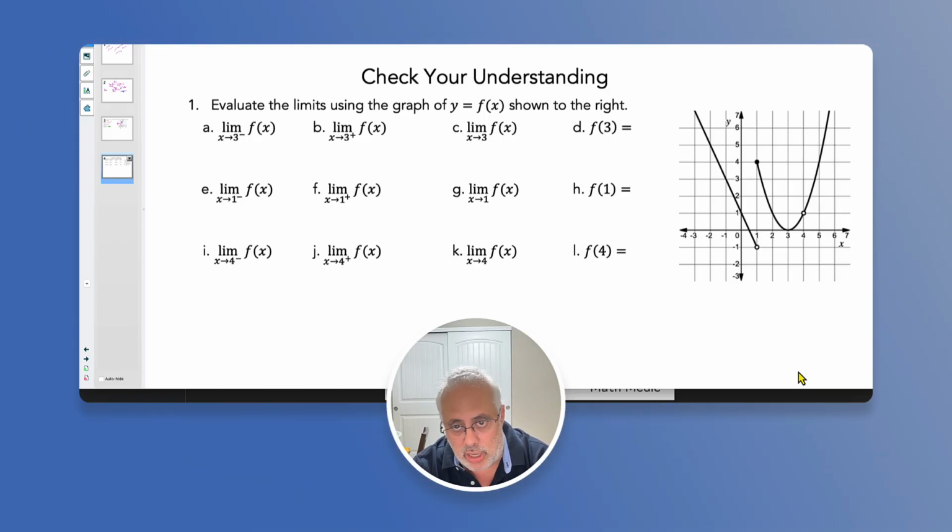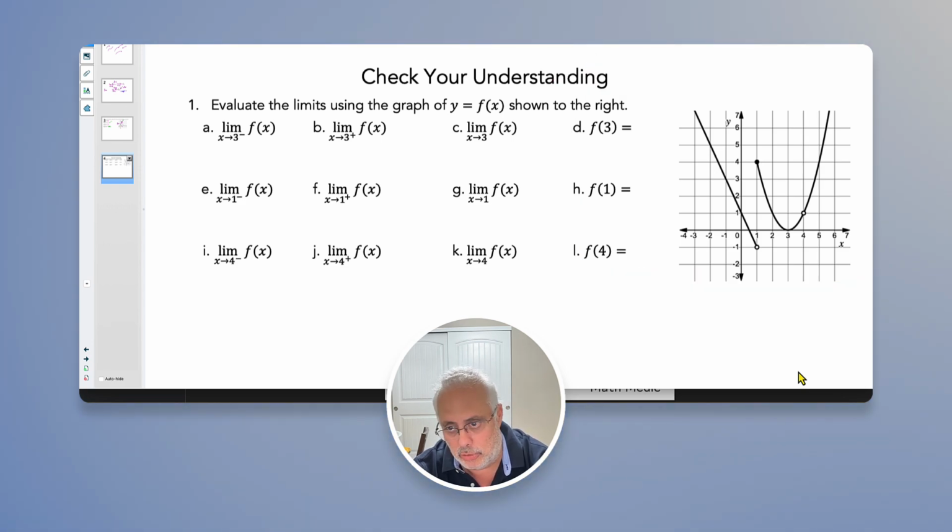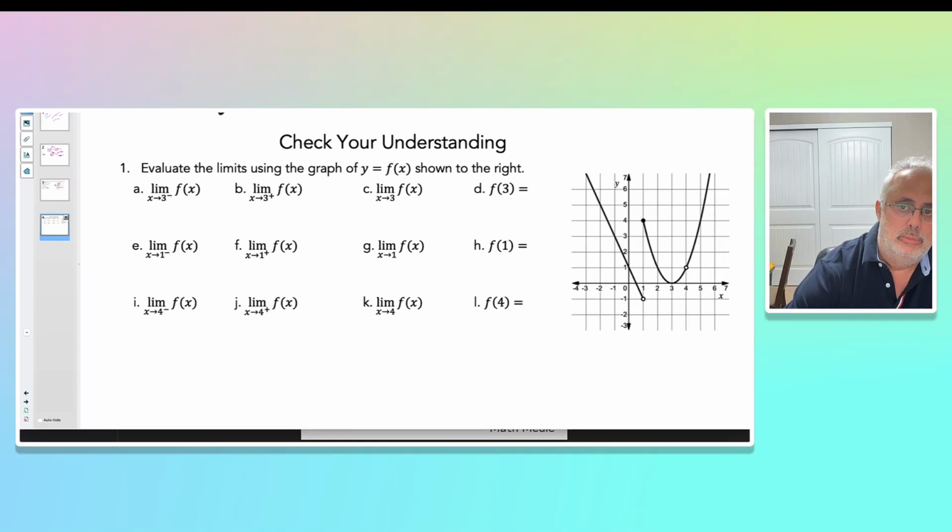We have the function f on the right. You can see it. You can pause the video and try to do this, and then you can come back here and play and see if you did it right or not. Limit of the function f when x approaches 3 from the left. So we find the critical point here with x equal 3, but from the left, the limit is 0.